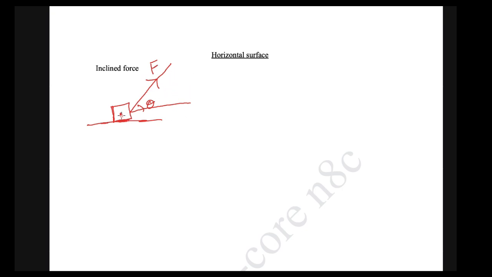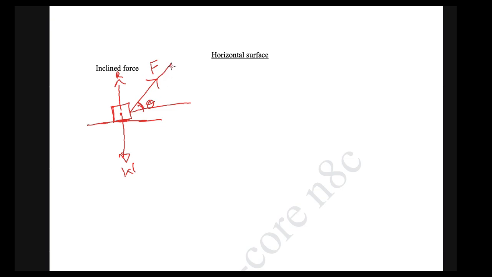First, since the object is on a horizontal surface, the weight is going to act vertically downward. Then the normal reaction is going to be in the opposite direction. That is, it's going to act vertically upward. So this is going to be the normal reaction or normal force. Now, when a force is inclined, that is, it's not acting at 90 degrees to the object, you have to resolve the force.